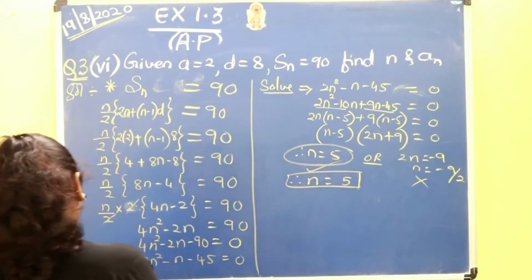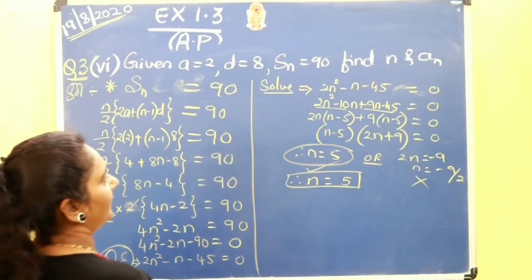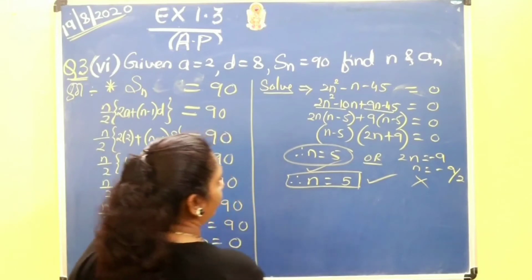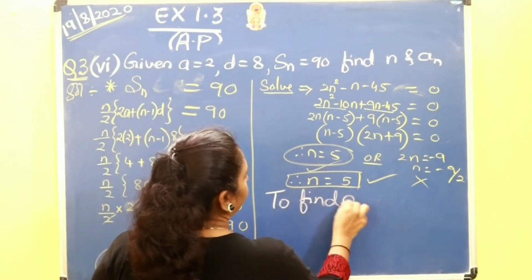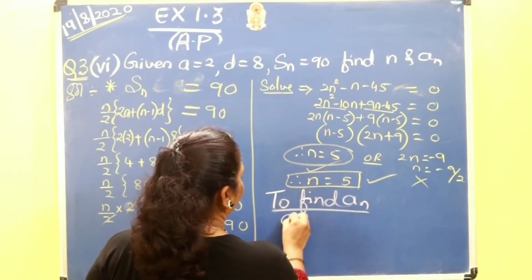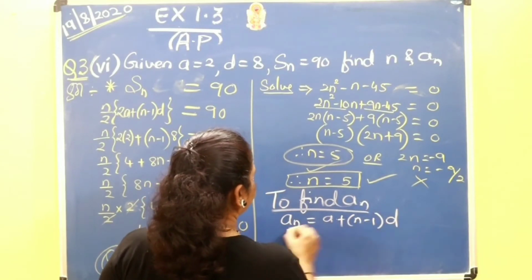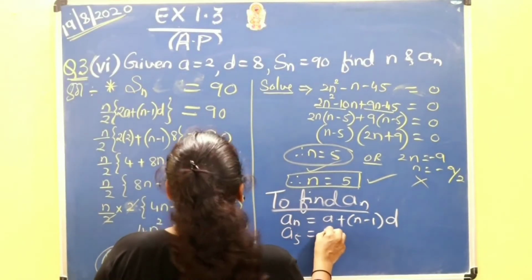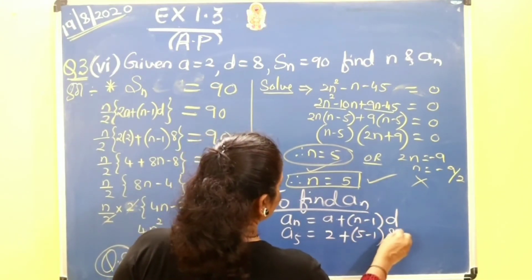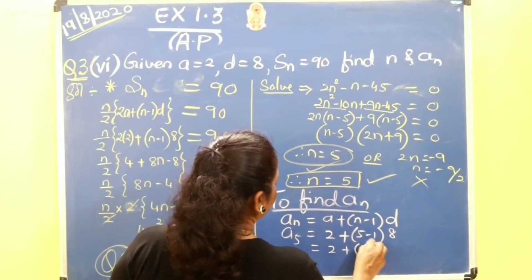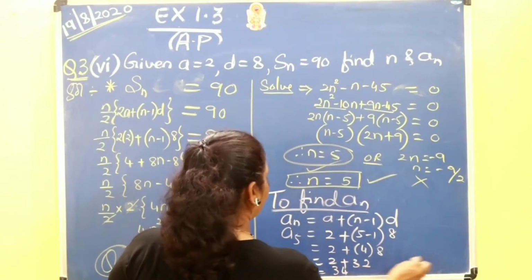Now you found out n. They have asked you to find n and to find an. So your n is 5. To find an means a of 5. an is equal to a plus n minus 1 into d. a5 is equal to 2 plus 5 minus 1 into 8. 2 plus 4 into 8, 2 plus 32, that is 34.